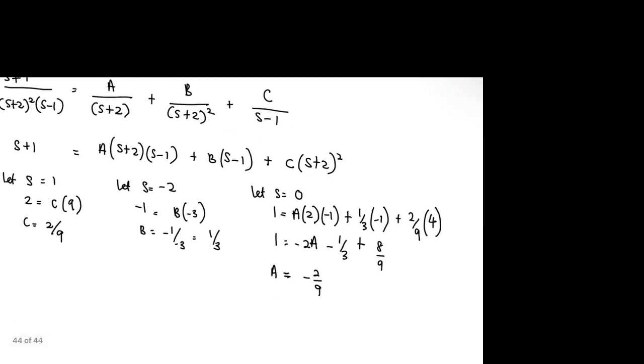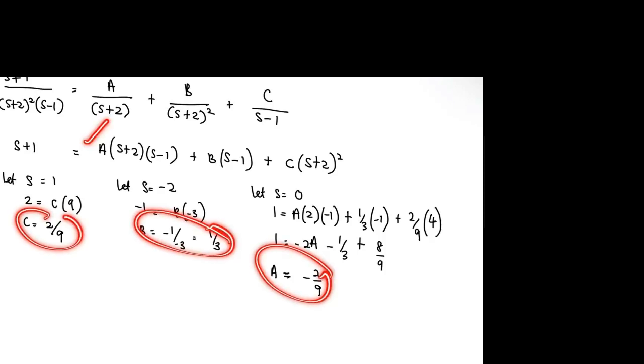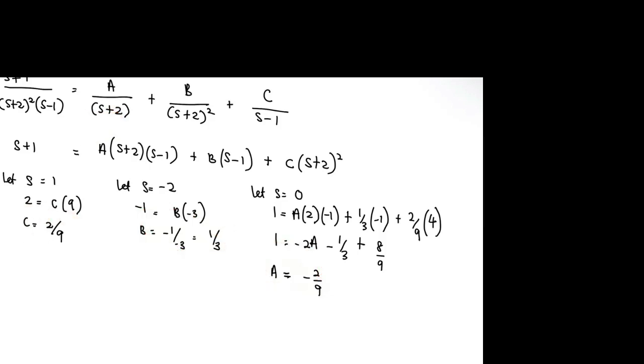So substitute A, B, and C into this one. So we have F(s) equal to A, which is minus 2 over 9, over S plus 2, plus B, 1 over 3, over S plus 2 square, plus C, which is 2 over 9, over S minus 1.